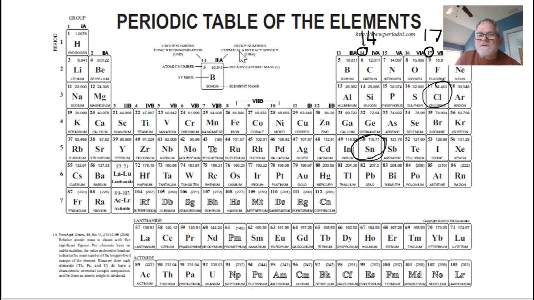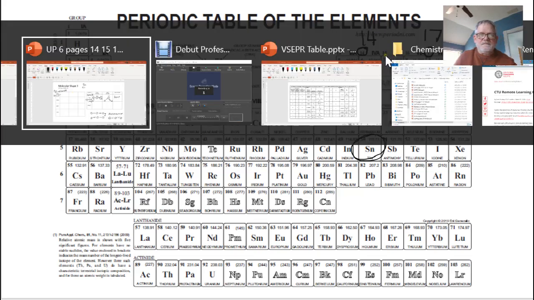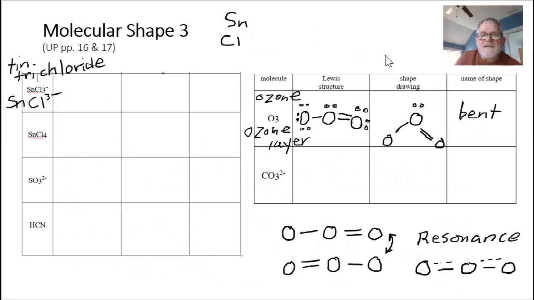Okay, these column numbers help you determine the number of valence electrons. All you have to do is subtract 10. So 14 minus 10 is 4. 17 minus 10 is 7. So we know that tin has 4 valence electrons, and chlorine has 7 valence electrons. But notice that there's 3 chlorines.